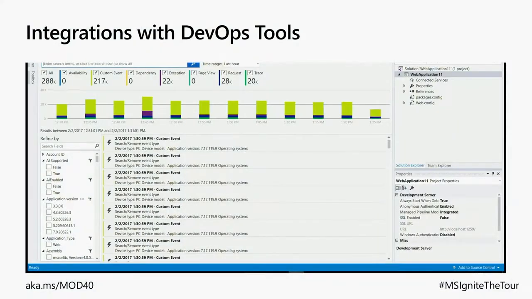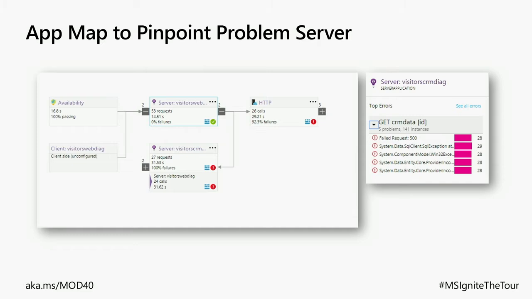You have different visualizations. We have, of course, integration with different DevOps tools. So here you have an integration in Visual Studio, but you can also do other things with Azure DevOps, for example.